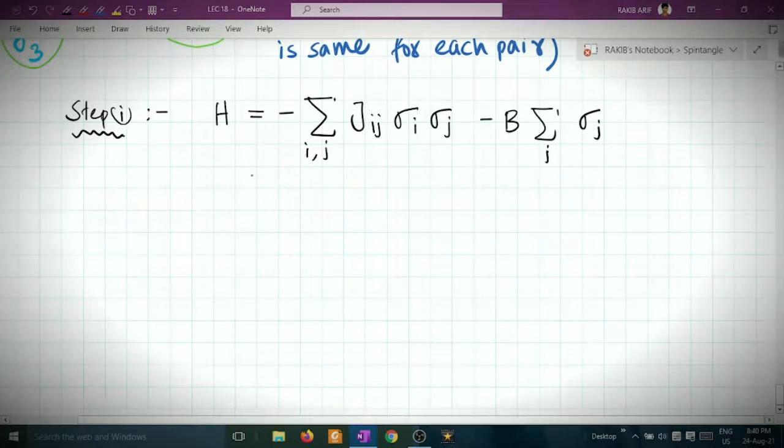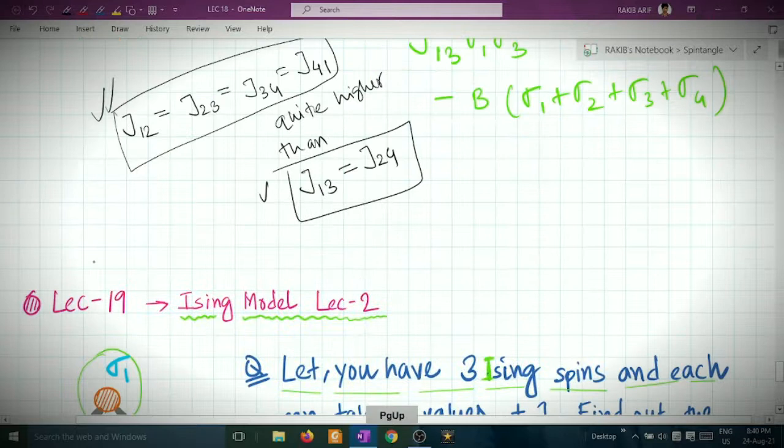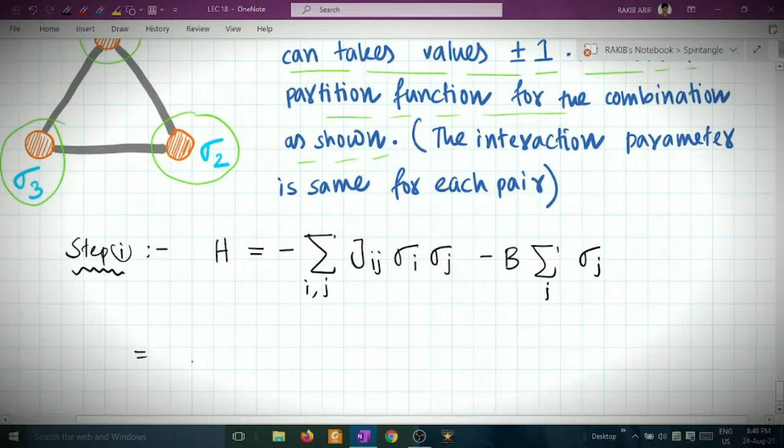There are three spins, so for the 1-2 combination I write minus J_12 sigma_1 sigma_2.